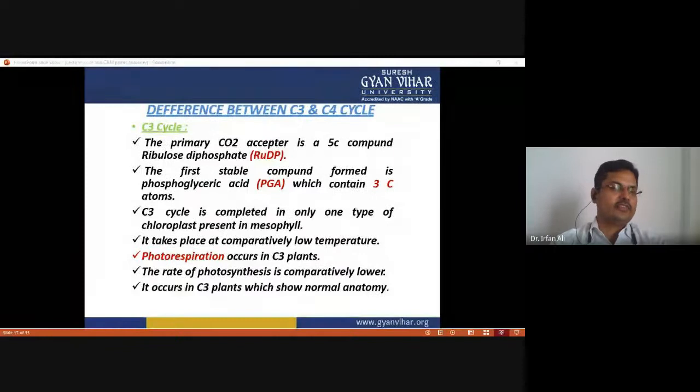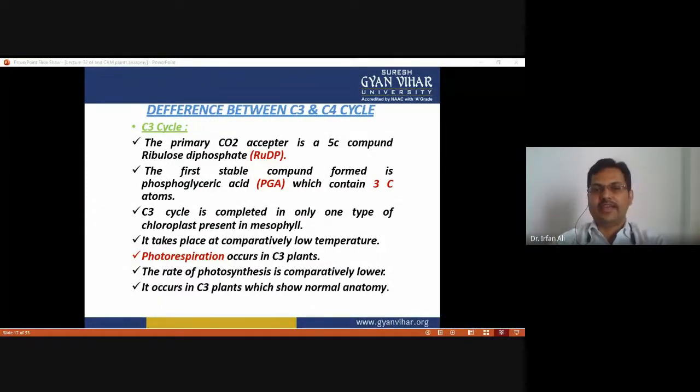So what are the major differences between them? The major difference is that the primary CO2 acceptor is a five carbon compound, ribulose bisphosphate. The first stable compound formed is phosphoglyceric acid, that is PGA, which contains three carbon atoms in the C3 plant, and that's why it is called the C3 cycle or C3 pathway. The C3 cycle is completed in only one type of chloroplast present in the mesophyll cells.